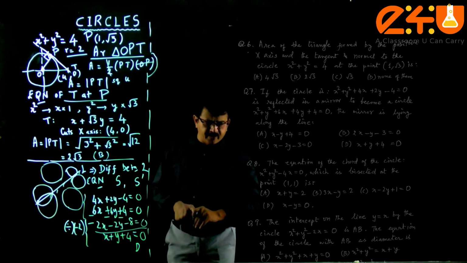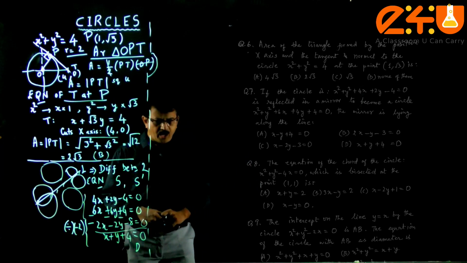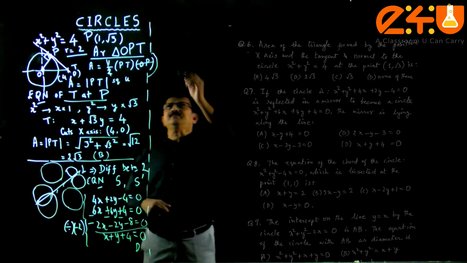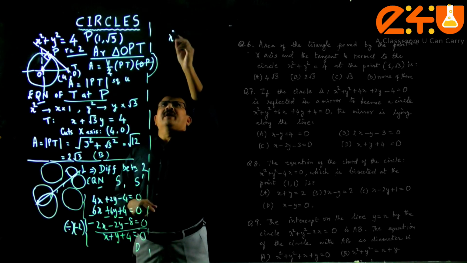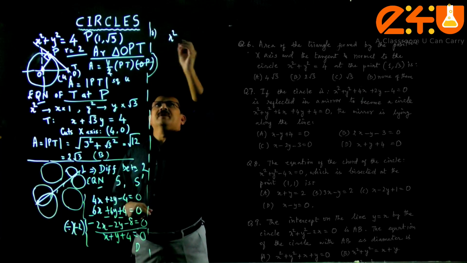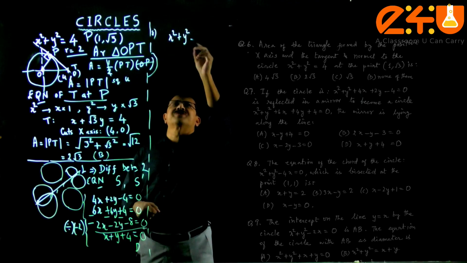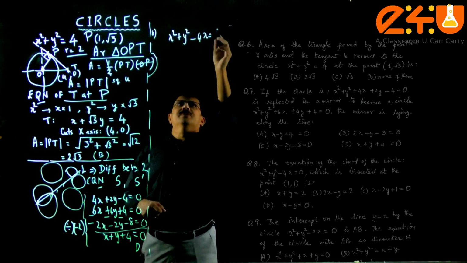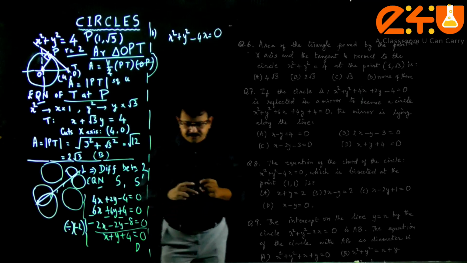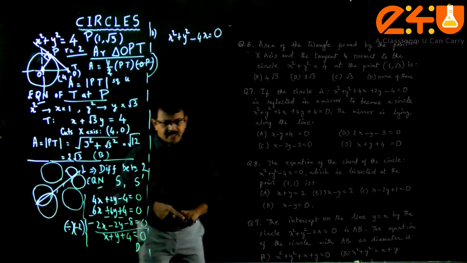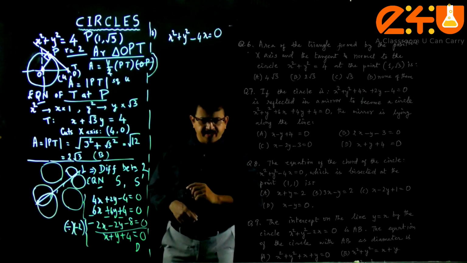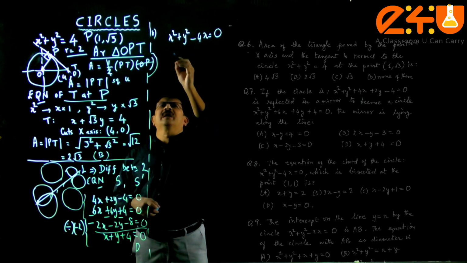The equation of the chord of this circle, I am writing the circle because I need the equation: x squared plus y squared minus 4x equal to 0. That is the equation given, and the chord is bisected at the point 1, 1.